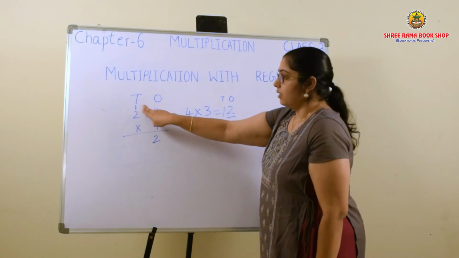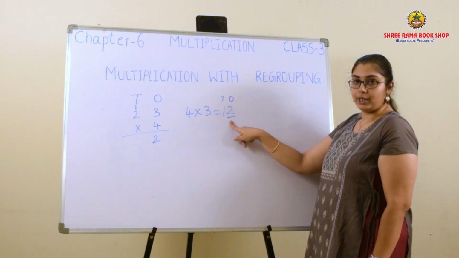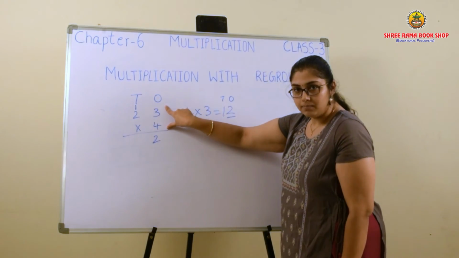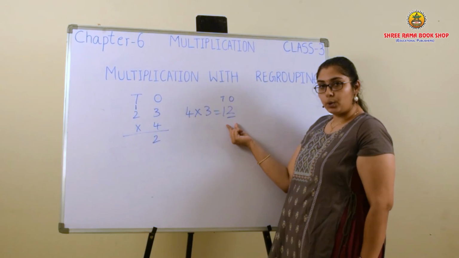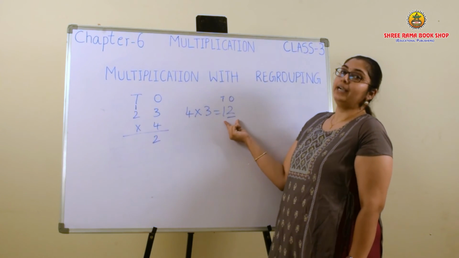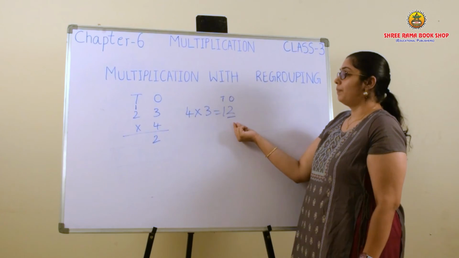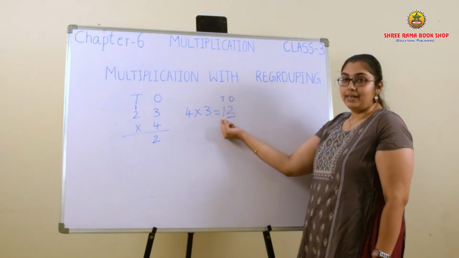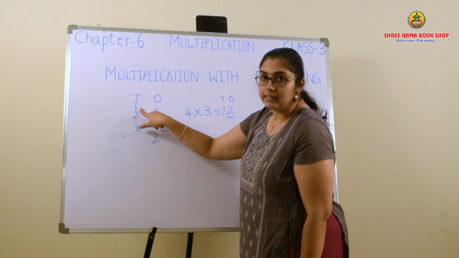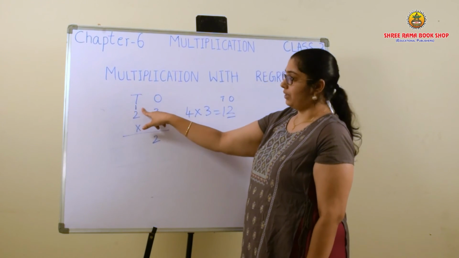So the ones place digit I am placing over here, and the tens place digit I am placing over here in the tens column.